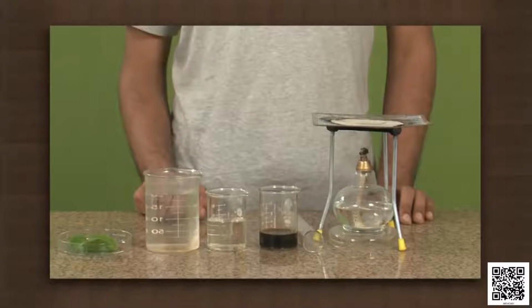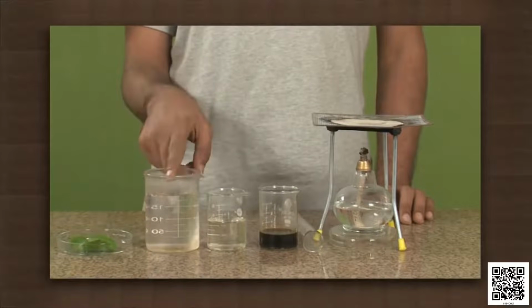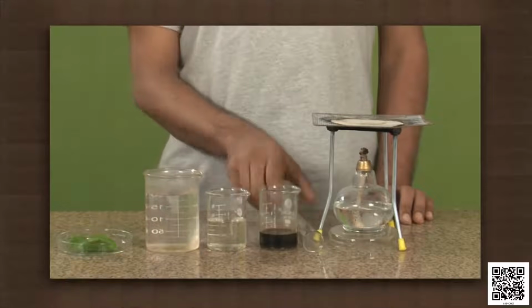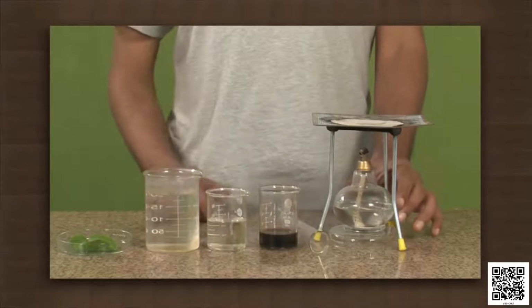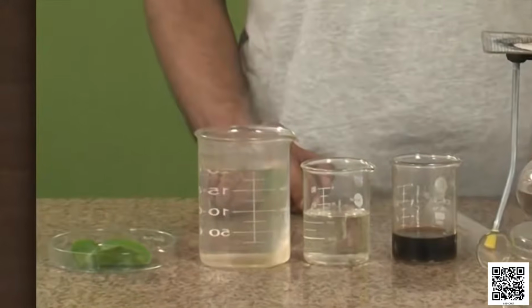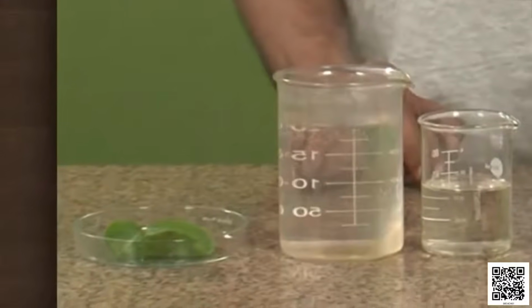Test for starch in plants. Children, for this test, we need some materials: a green leaf, hot water in a beaker, alcohol, iodine solution, test tube, spirit lamp, tripod stand and petri dish. Now, keep the leaf in a petri dish which was kept in sunlight for a few hours.